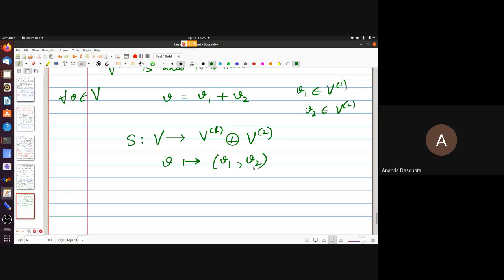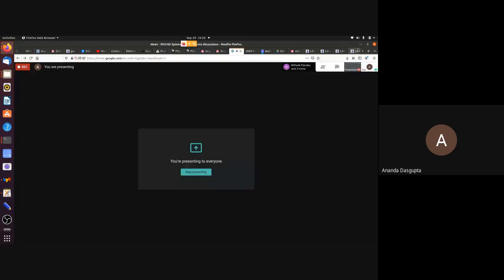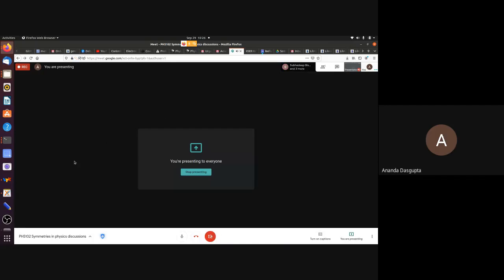And then I'm saying I can map capital V to an element of V1 direct sum V2 just by saying v maps to this pair v1 comma v2. Why is this map at all well defined? Am I still there? Okay, I think I am.